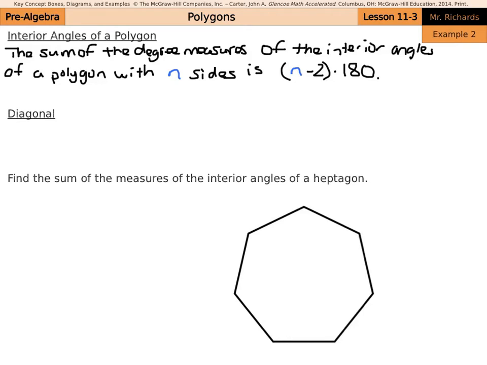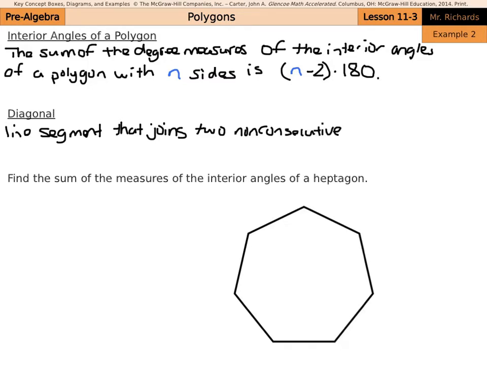Now, a diagonal is a line segment that joins two non-consecutive vertices in a polygon.